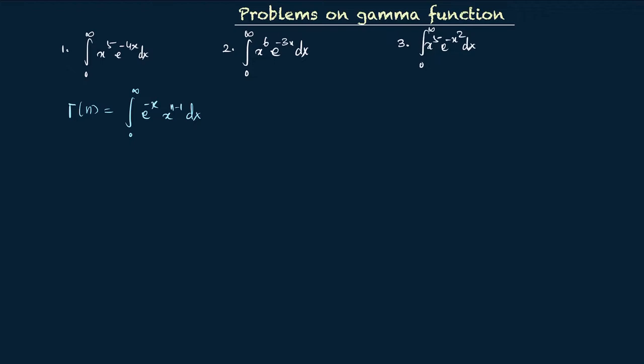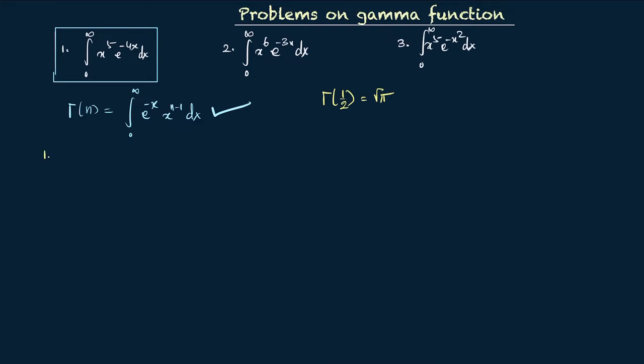That is the definition. The question given to us needs to be reduced to the format of the gamma function so that we can solve it. And one more thing to remember: gamma of 1 by 2 is root pi. Okay, so let's start the first problem.